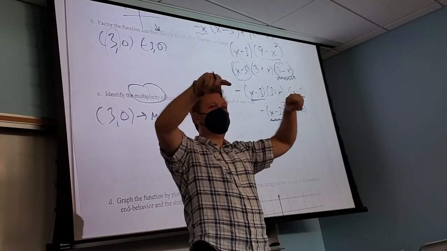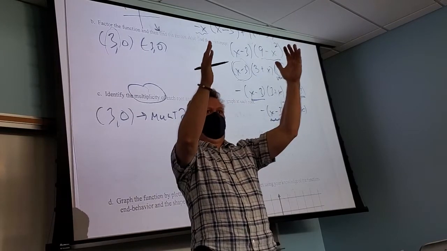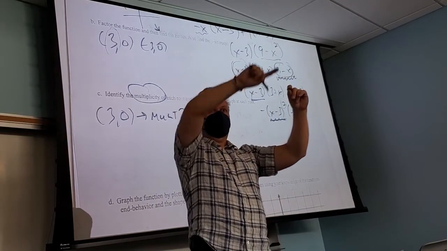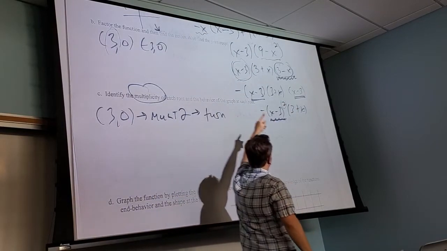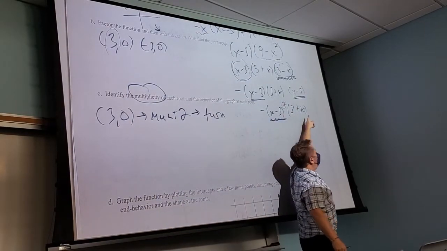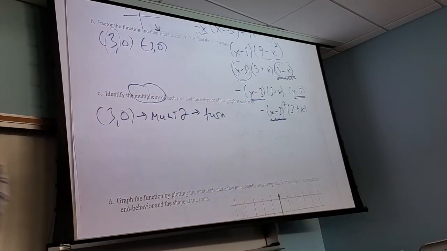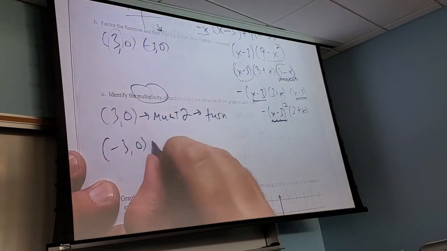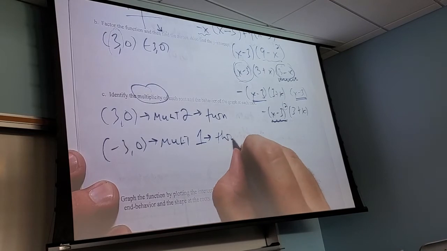So if the multiplicity, if the power on the term is even, it's going to turn. If the power of the multiplicity, which is also known as the power, is odd, it's going to go through it like a line would go through it. Right? So at -3, 0, multiplicity, like I just said, is 1, so it's going to go through.